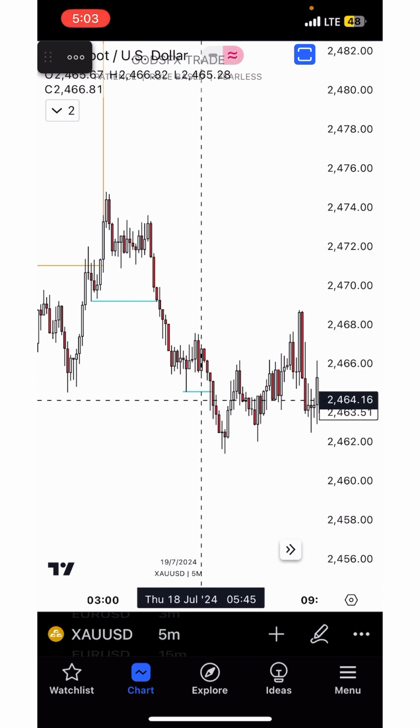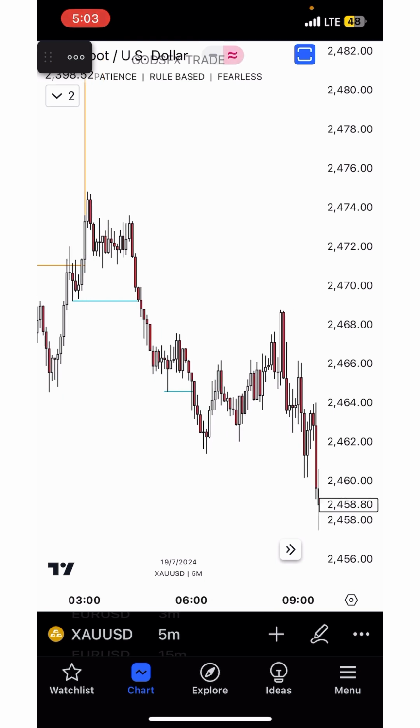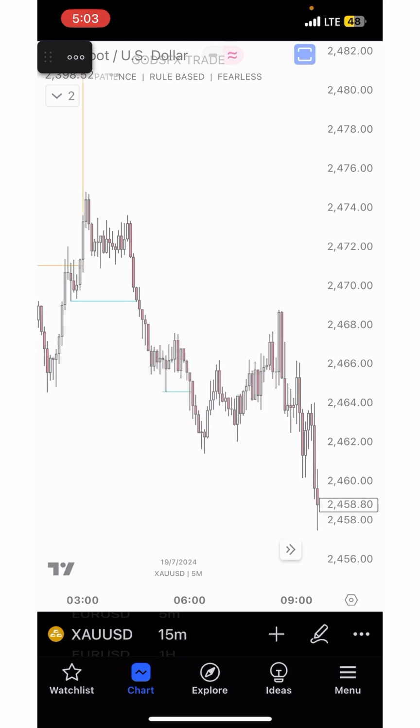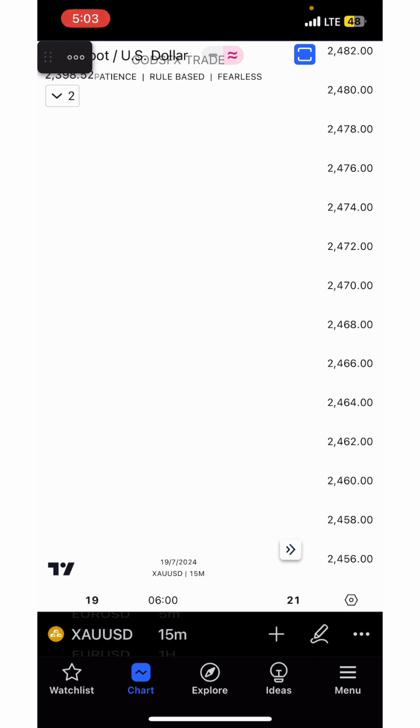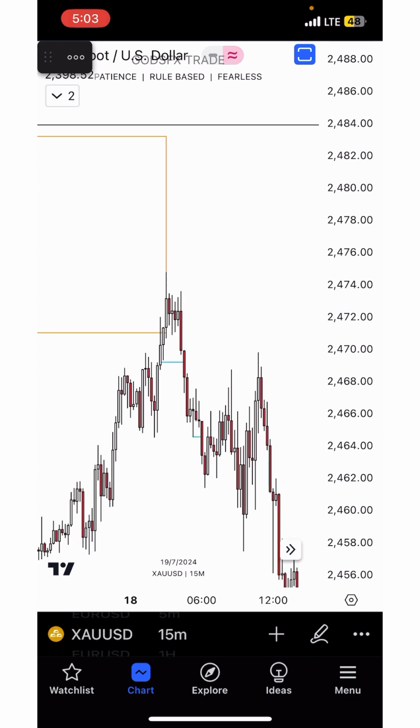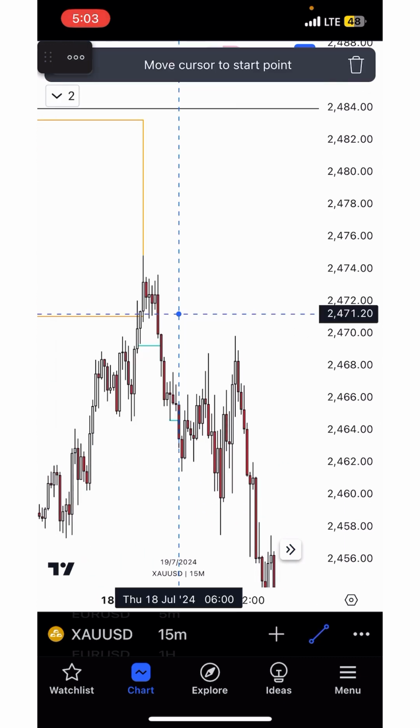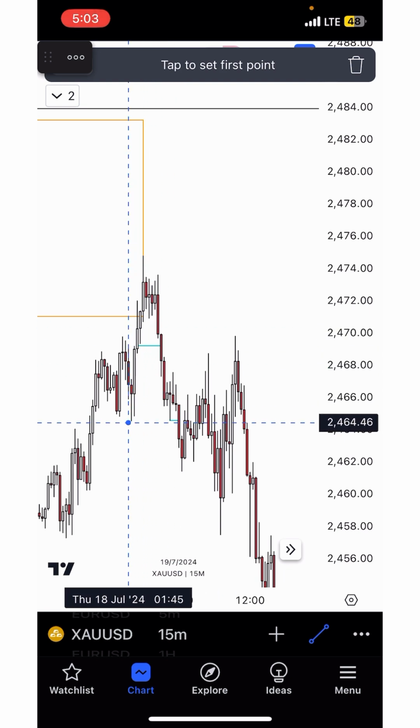Here is what you guys need to be aware of: what is happening on the lower time frame. After the trend has been confirmed on this 5 minutes, what I discovered was that the 15 minutes had changed character from bullish to bearish.